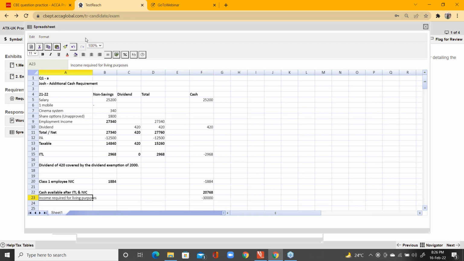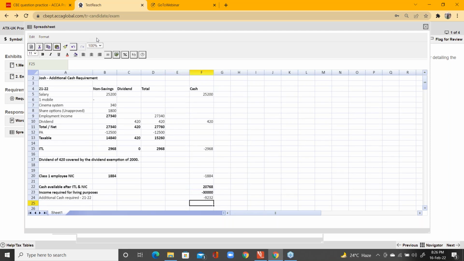And if 30,000 is required, what is the shortage in this first fiscal year? Additional cash required for the fiscal year 21-22 is the difference of these two values, 9232, the shortage of cash.